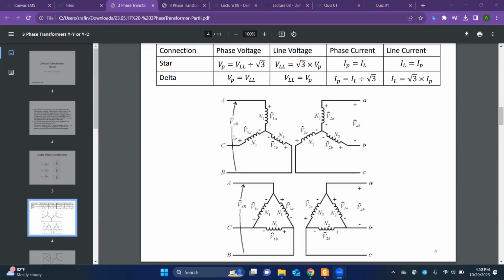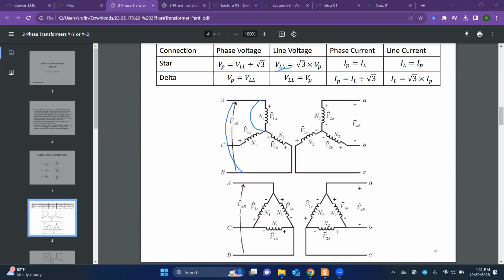So the amount of voltage in Y connection between line to line, this line to this line, is larger than the amount of voltage between these phase. This is phase voltage, and that is line voltage.